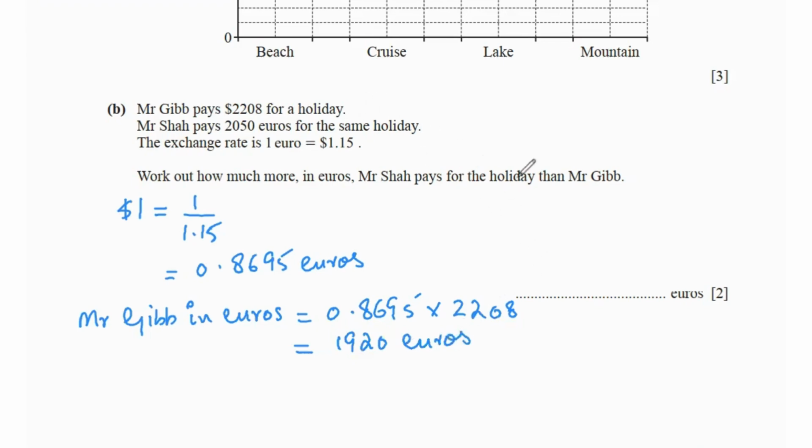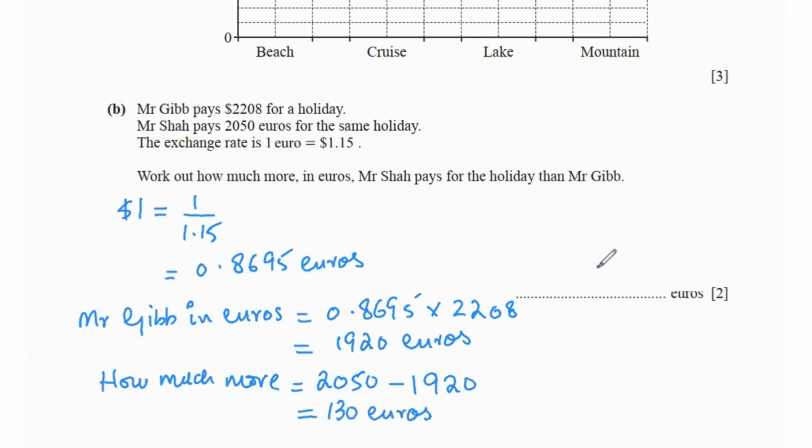Now to compare their cost in euros, we subtract the two. So how much more? That's 2,050 minus 1,920, which is equal to 130 euros. So that is the answer.